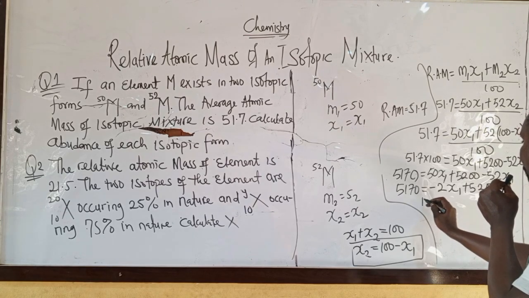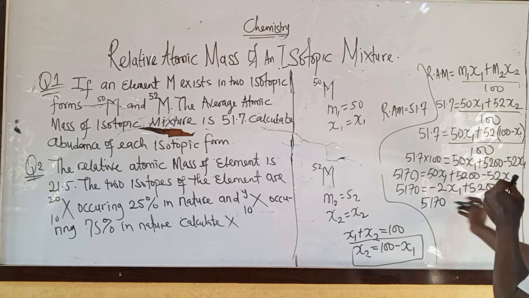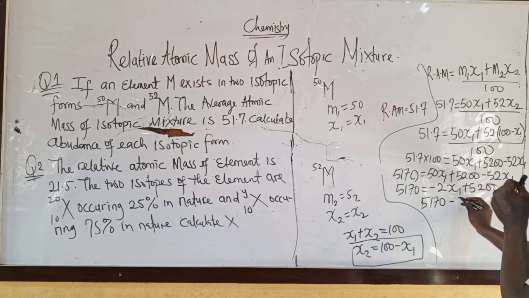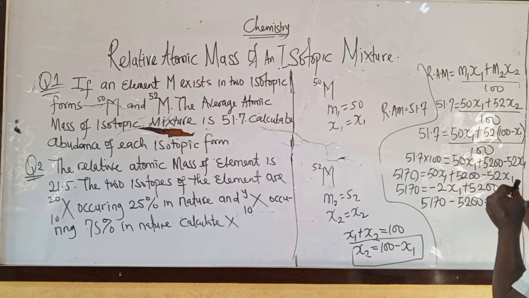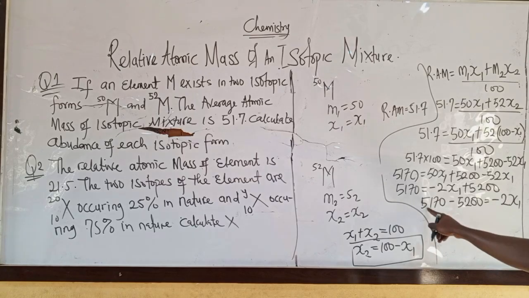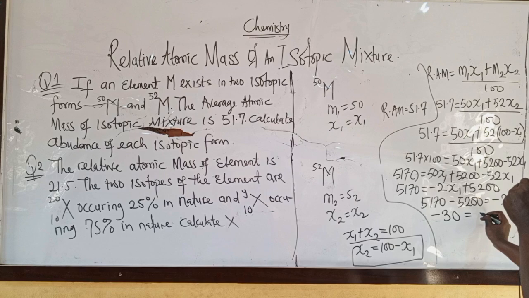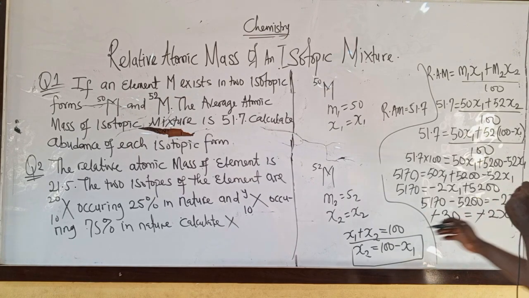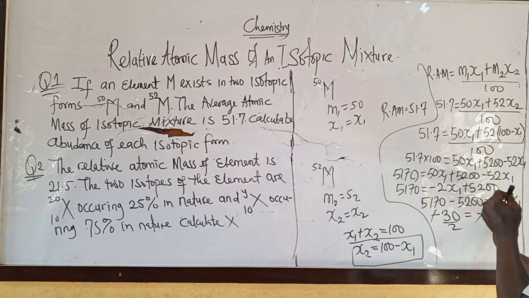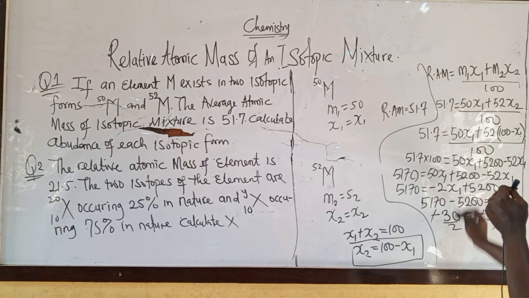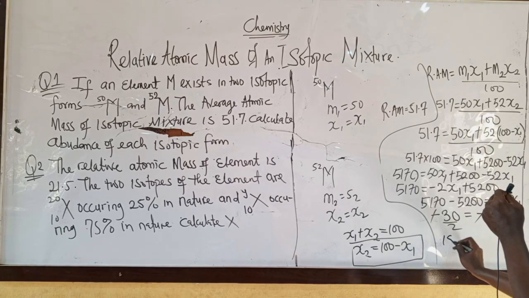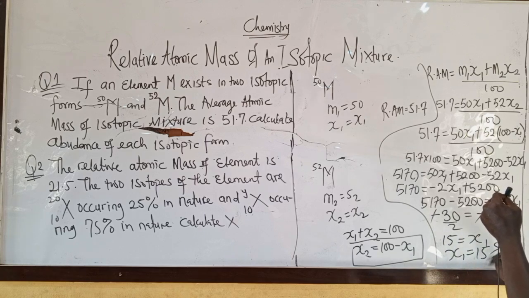What will I have? 5,170 minus 5,200 equal to minus 2x1. This one minus this one will give you minus 30 equal to minus 2x1. Minus cancels minus. Divide both sides by 2. Therefore, 30 divided by 2 will give you 15 equal to x1. x1 equals 15%.